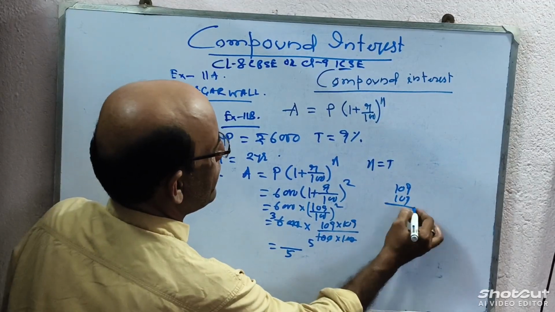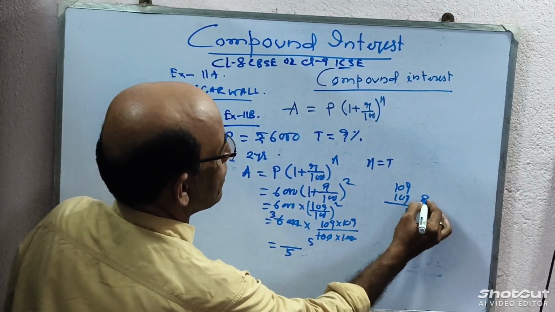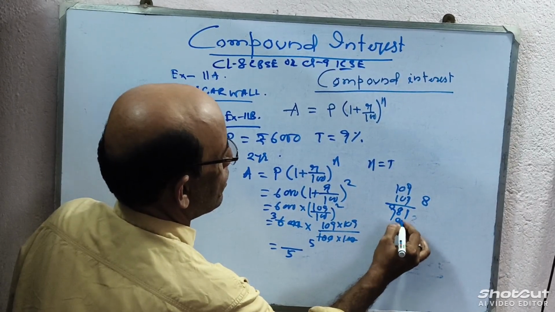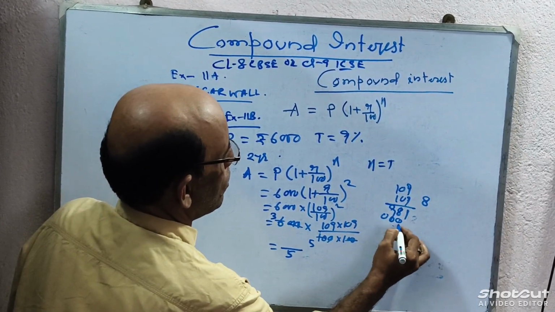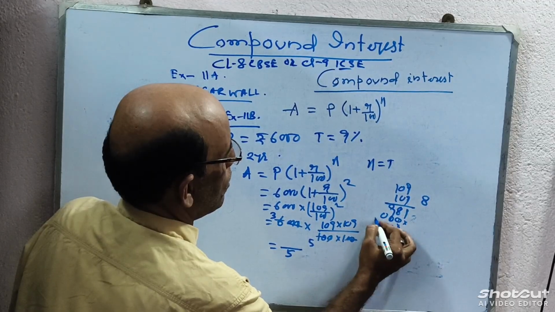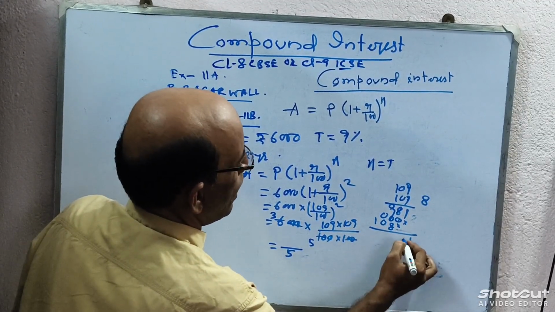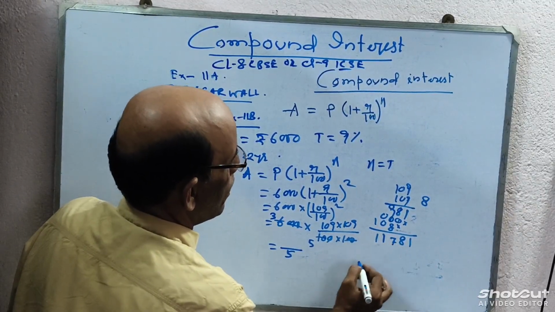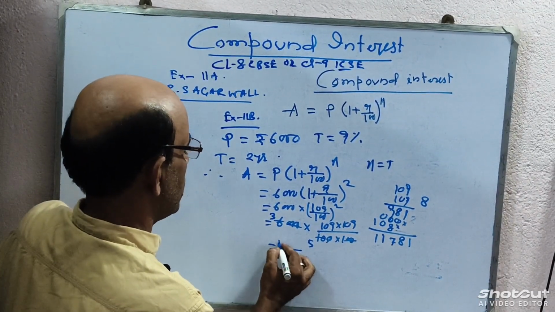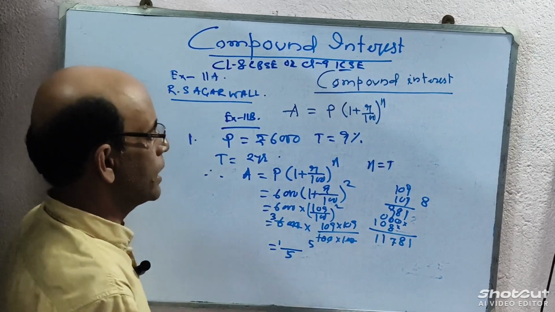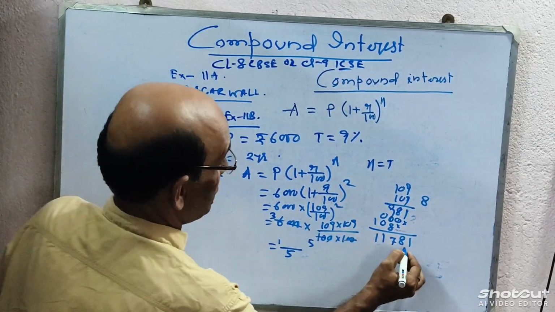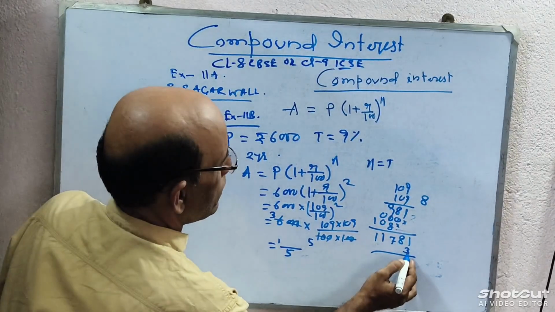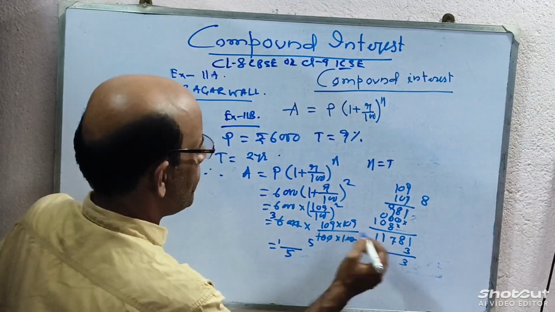109 into 109, 11,700 into 3. It will be a very large number, this will be your answer.